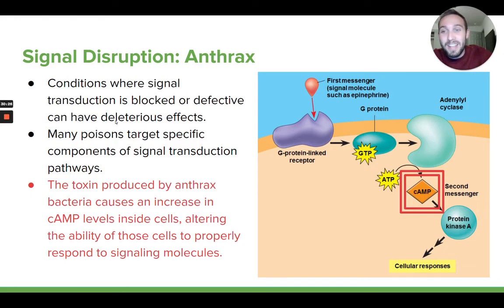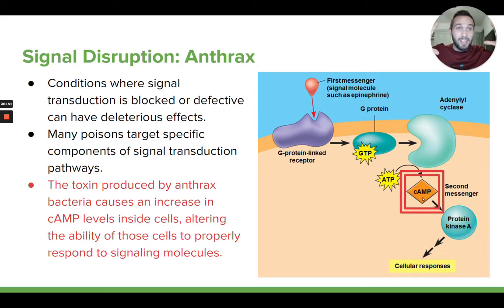And so one example is anthrax. Anthrax is a toxin produced by a certain type of bacteria, and anthrax will actually lead to cAMP levels inside of your cells increasing. This toxin has the same effect that adenylyl cyclase has. It's able to build and synthesize cAMP.